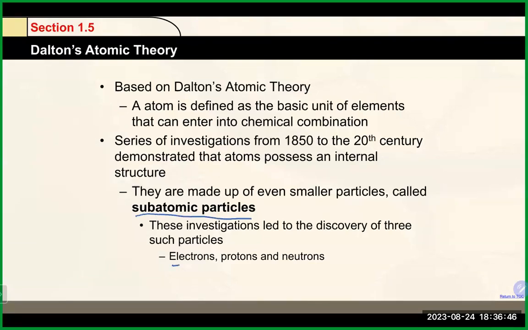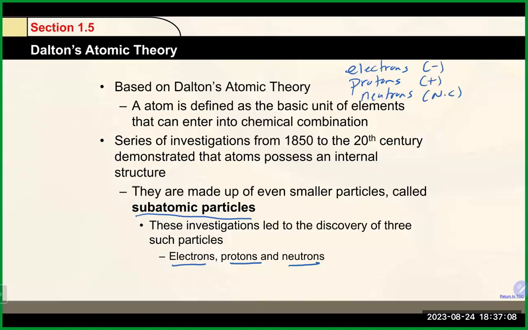You might be familiar with those. Electrons, protons, and neutrons are found in atoms. Just to get it out of the way up front, electrons are negatively charged, protons are positively charged, and neutrons have no charge.